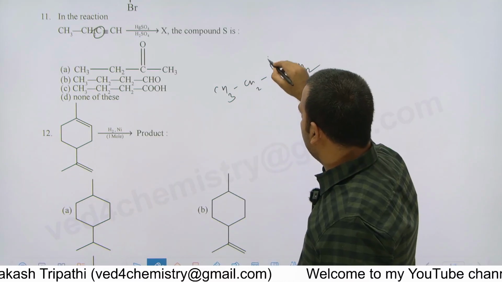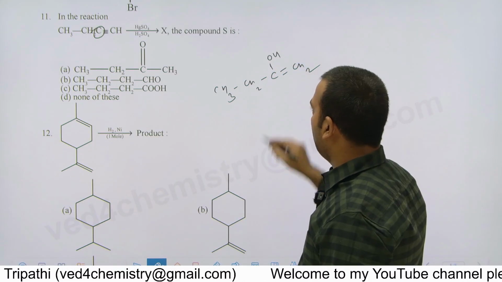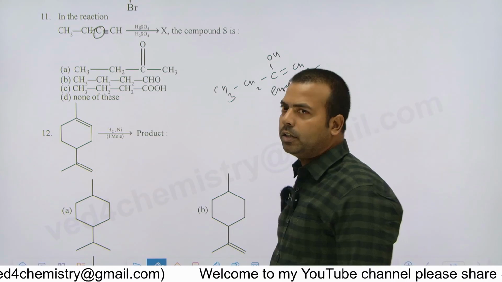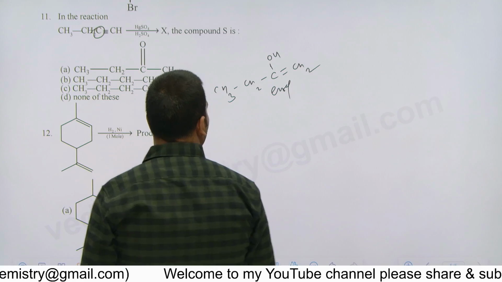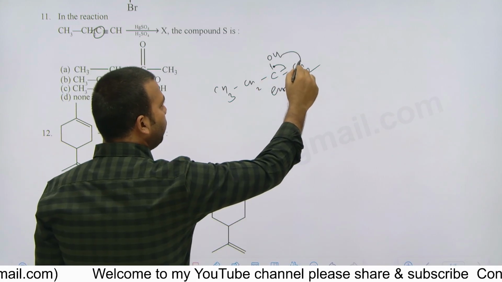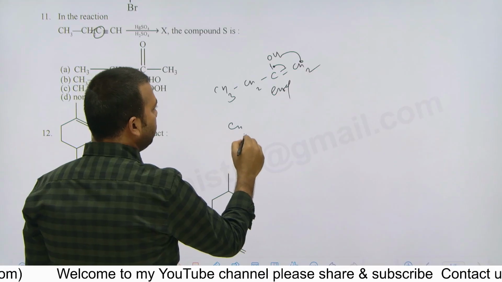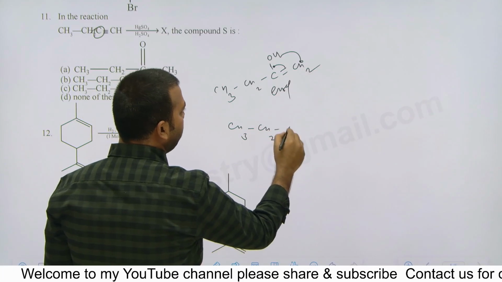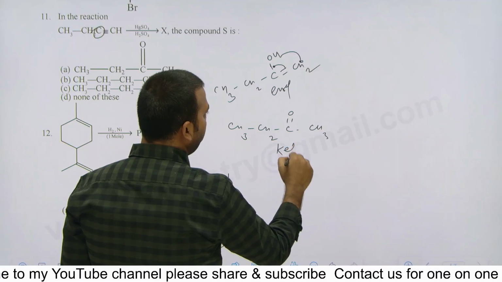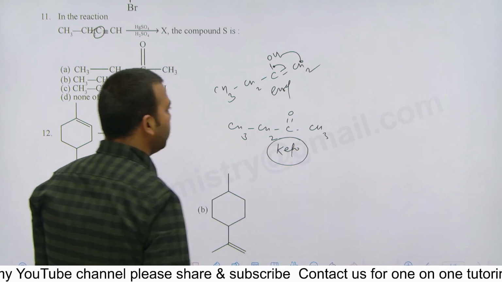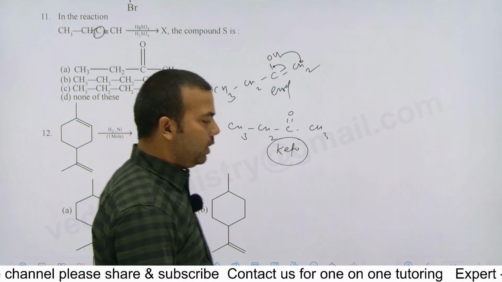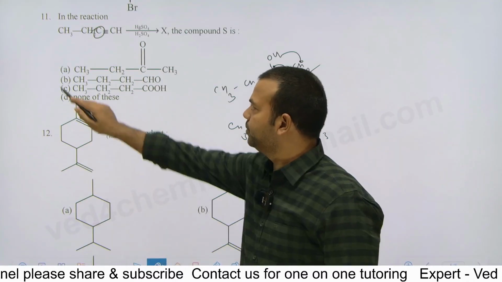So here we can attach OH, and we all know this is an enol. So now we will do the tautomerism. Tautomerism means a double bond on the oxygen containing carbon and hydrogen on the neighboring carbon. So this is CH3, CH2, C double bond O, CH3. So this is the keto form. Keto is more stable than enol. So option A is right here. Clear?